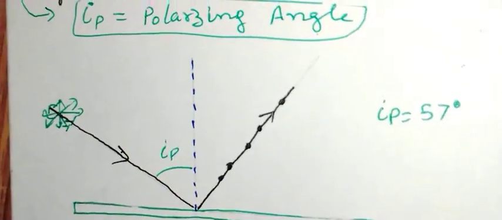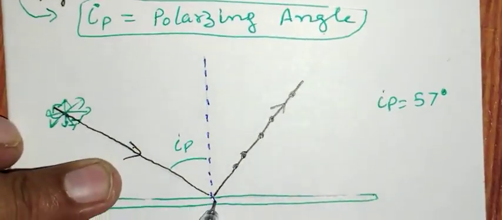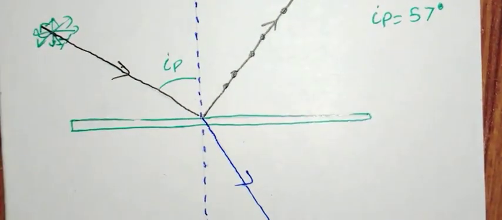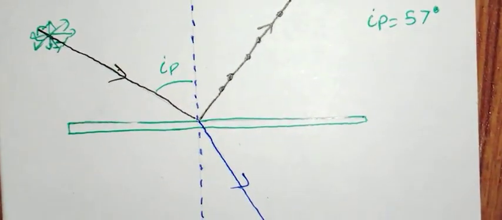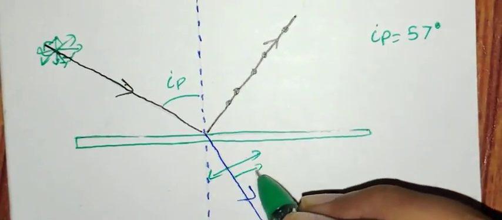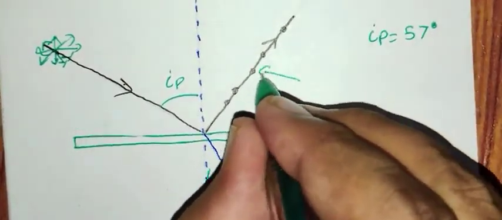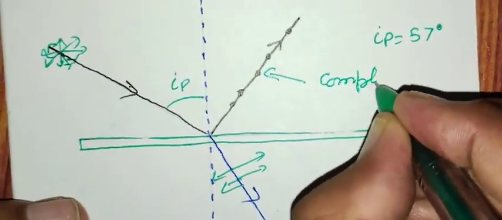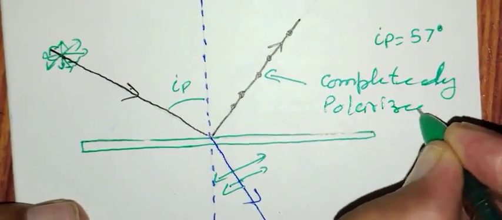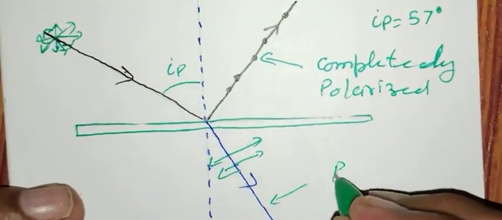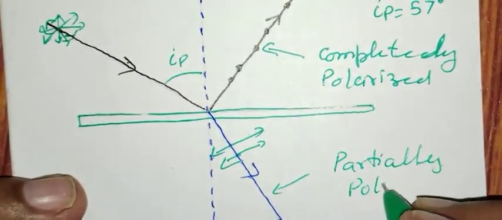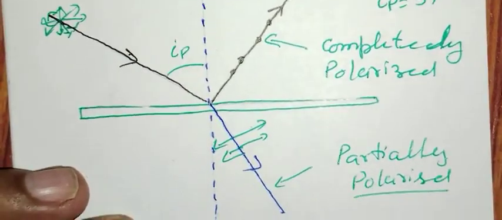And some of the light is refracted also, bending towards the normal. This light is partially polarized. So this is completely polarized, and this light is partially polarized. See the mathematics in this.